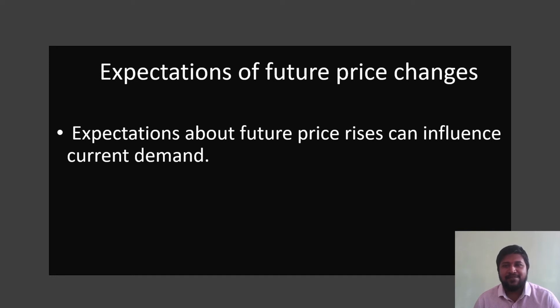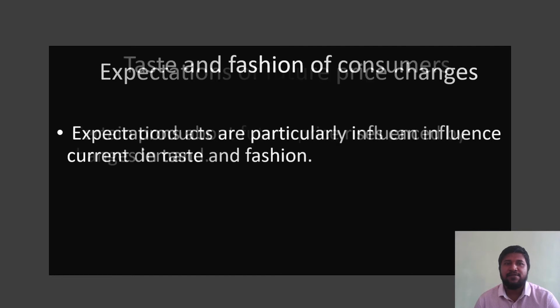What do you think it is? Yes, because people expected havoc in international trade, and this might cause a rapid increase in the price of goods in future. So that's why people bought a lot of goods, mostly, for example, safety products. So that causes an increase in the current demand for goods and services.